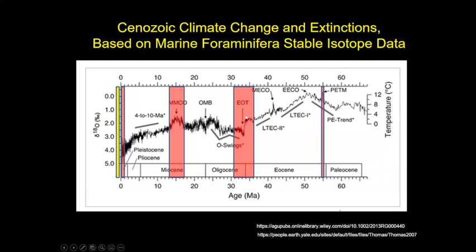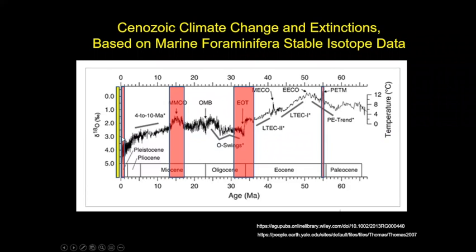But the pattern is pretty clear that the Earth's temperature has been cooling off over the past 65 million years, and part of it has to do with the opening of the Antarctic polar circulation system that now drives cold water around the Antarctic and up into both the Pacific and the Atlantic. And so when that happened, air temperatures cooled down.